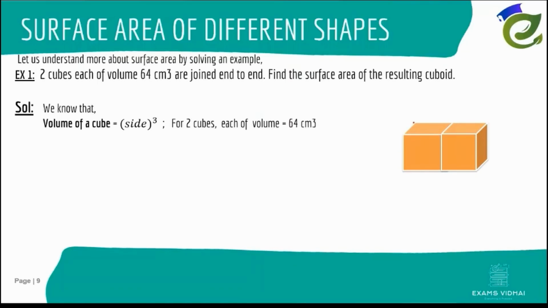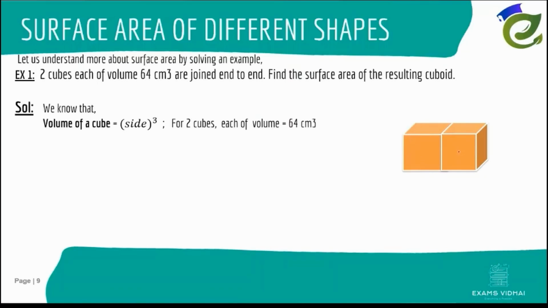Here this is one cube and this is the other cube. We know that the volume of a cube is side into side into side, that is side cube. Each cube has a volume of 64 centimeter cube.